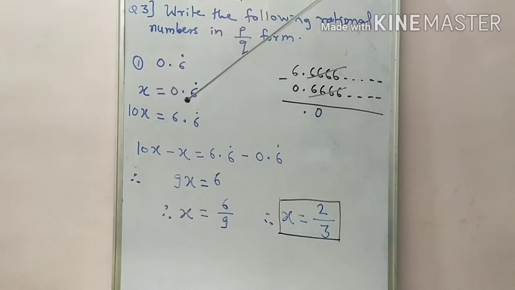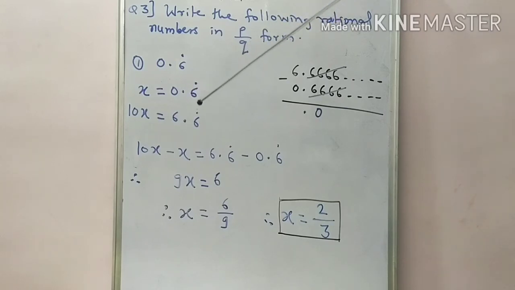Consider the given number as x, and observe the number. If there is only one number in recurring, multiply both sides by 10, so the left side is 10x, equal to the number with the decimal moved one place to the right, so the given number becomes 6.6 recurring.